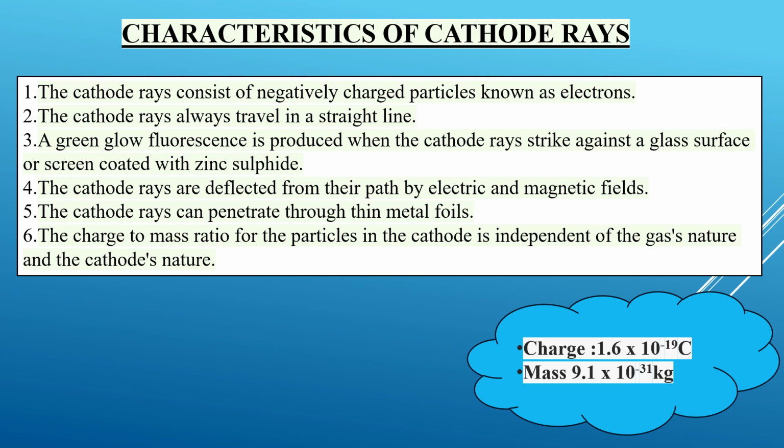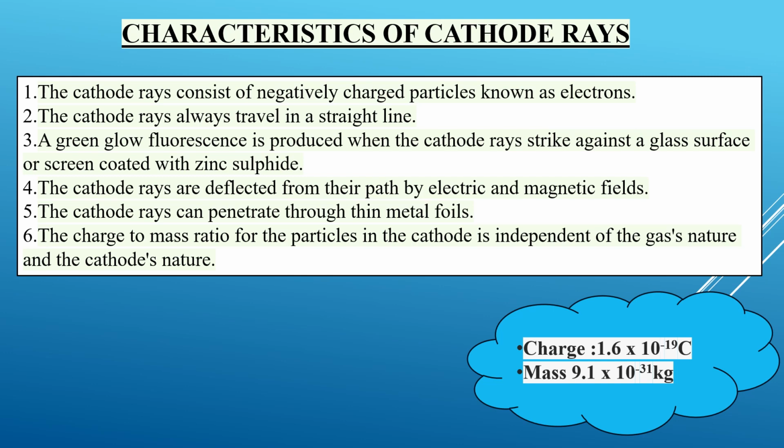This means that the charge and mass are always constant. So the charge on an electron is 1.6 × 10^-19 coulombs, and the mass of an electron is 9.1 × 10^-31 kilograms. These are important values. We need to memorize them.